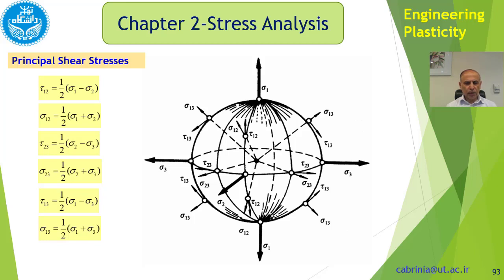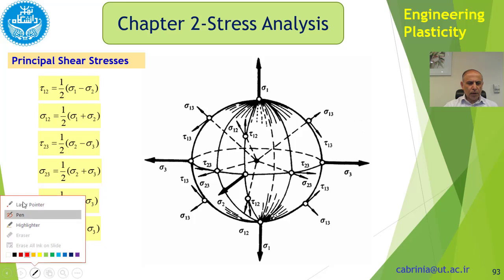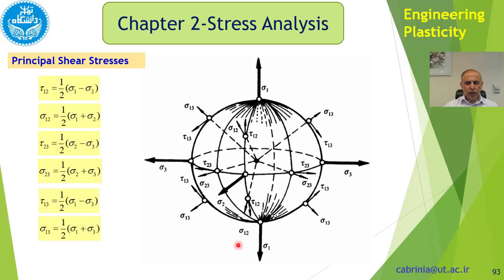Okay, this is a general state of stress for principal stresses. Of course, here we have shown the principal stresses in the sigma 1 direction, sigma 3 direction, and sigma 2 direction.